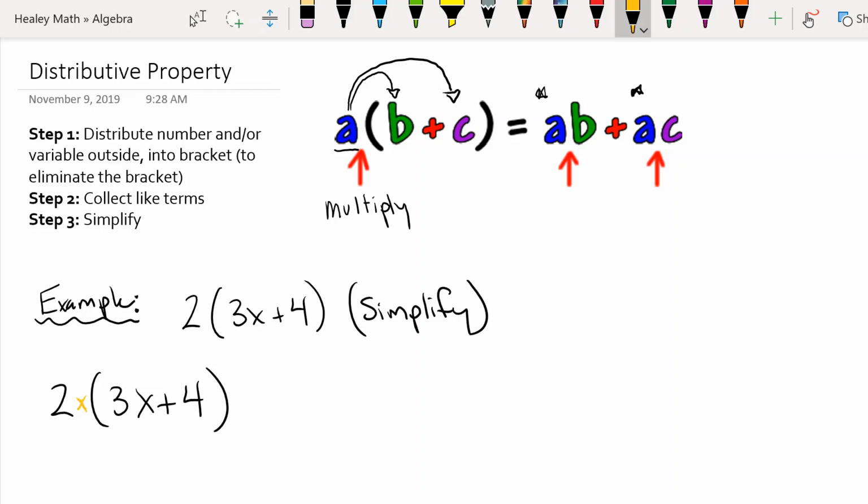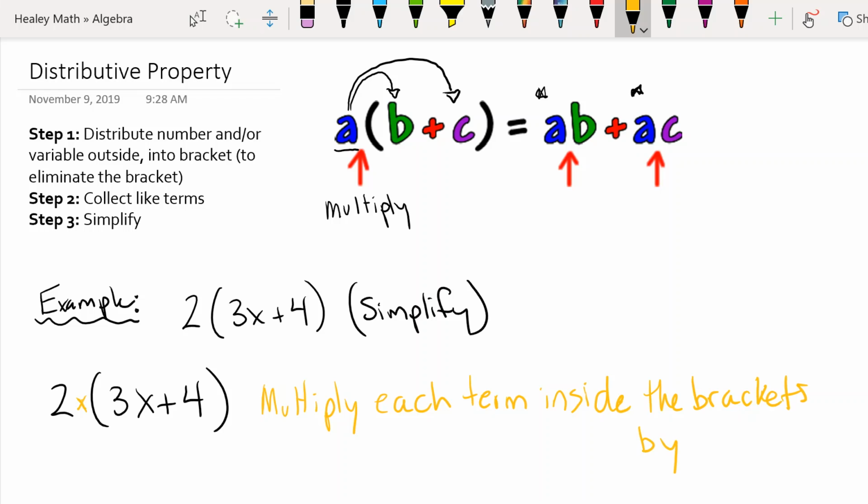If we use the distributive property, we need to multiply each term inside the bracket by 2. So let's do that.